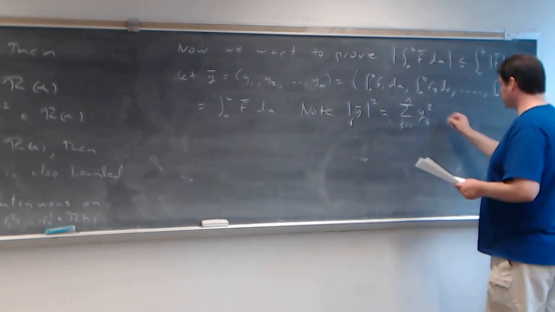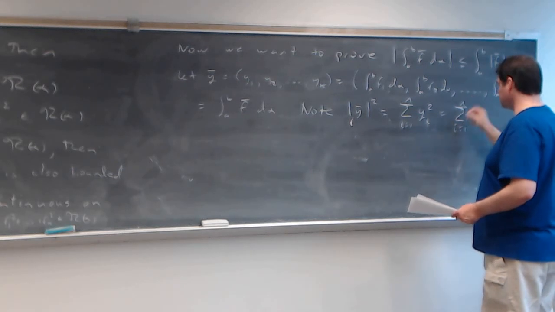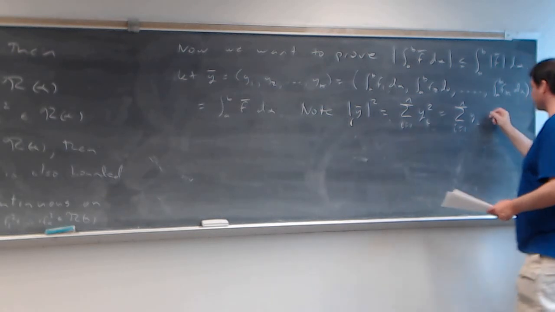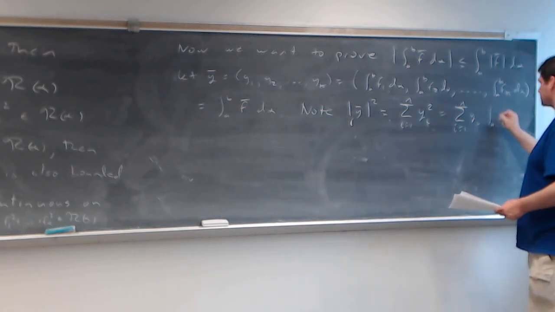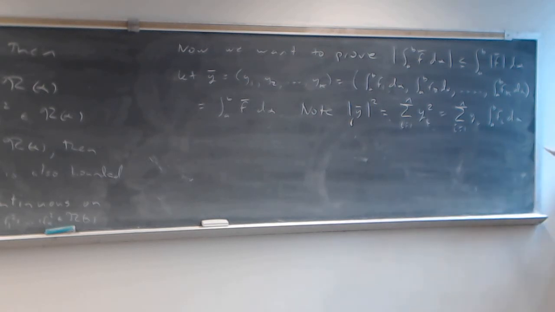Now, this can be thought of as the sum as i runs from 1 to n. Here I'm going to leave this as y sub i, but then times y sub i, which I'm going to rewrite as what it is, the integral from A to B of f sub i d alpha. And now, what I'm going to do is essentially pull in the y sub i.